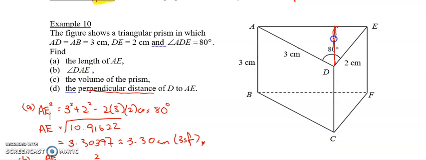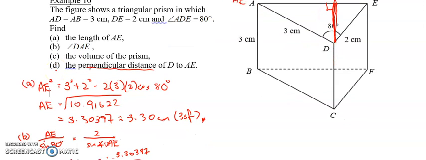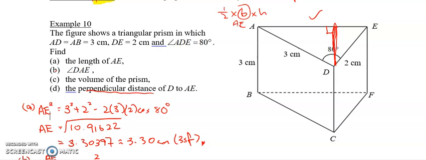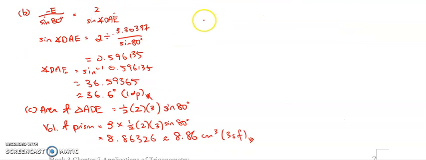It's like the last question, example 9, last part in 7.2. So to find this perpendicular distance, we have already gotten our length AE. So this is actually half base times height. This base here is our AE. So this perpendicular height we are able to find. We have already got the area of this triangle in part C. So we make use of this area of triangle, which is what we have found here.